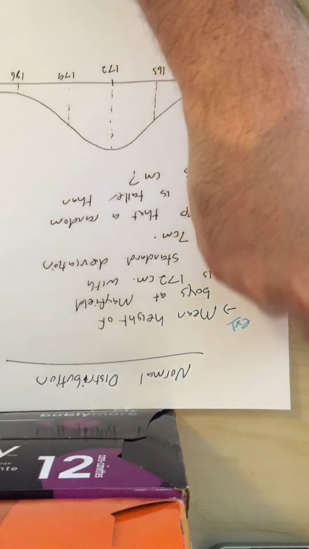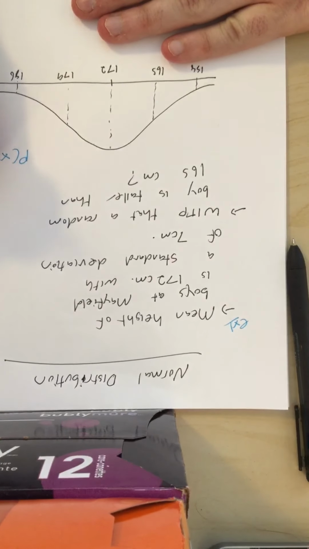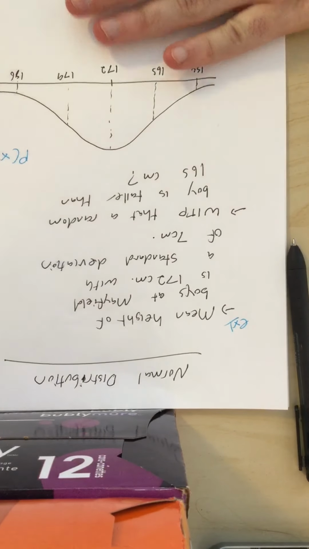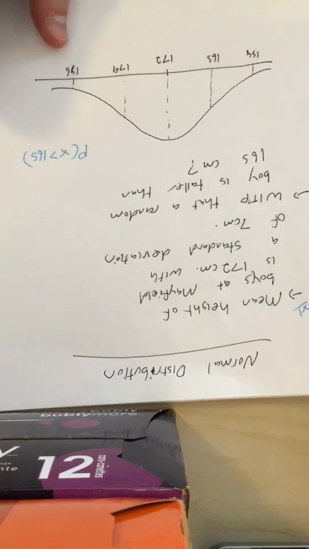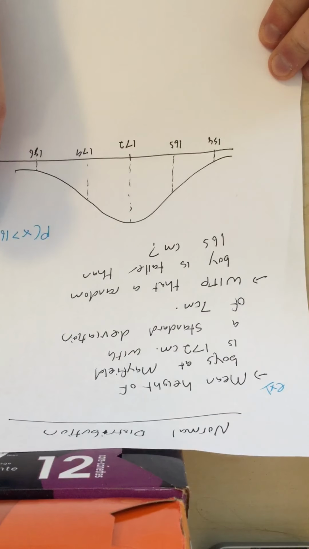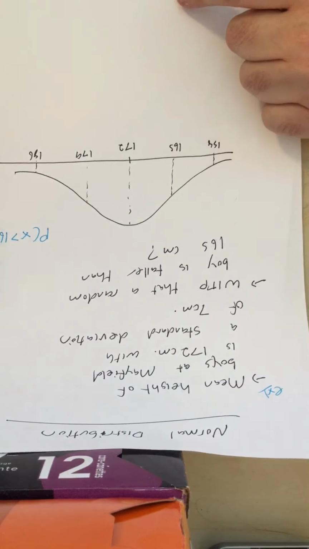So the question is, what is the probability that x is bigger than 165? If the question asks what's the probability that a boy is exactly 165, of course the answer would be 0. Which is why you may ask, am I asking if it's greater than 165 or greater than or equal to 165? And the answer is, it doesn't matter at all, because the probability of being exactly 165 is nothing.